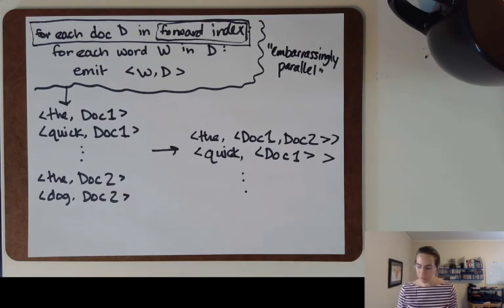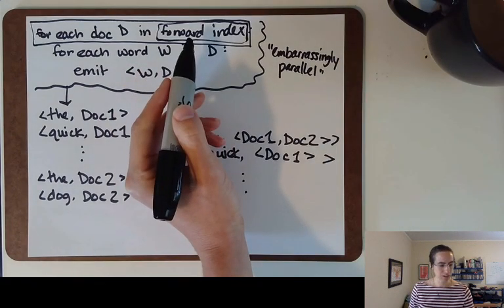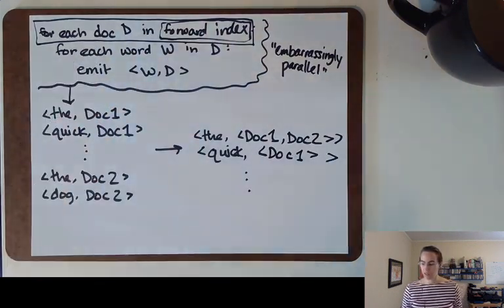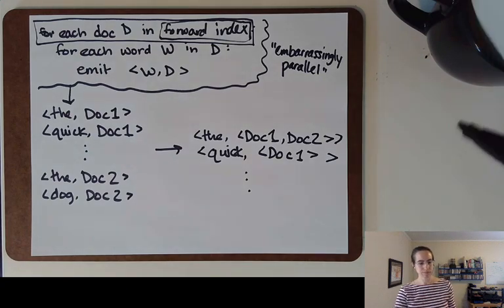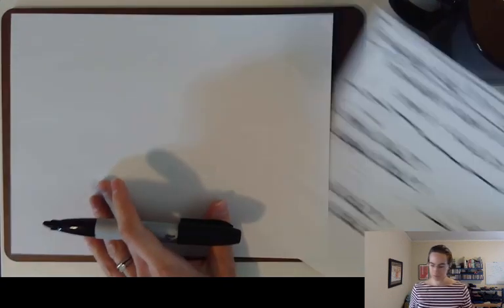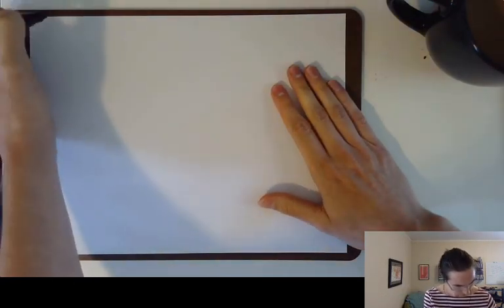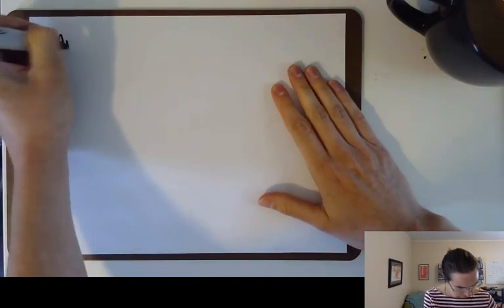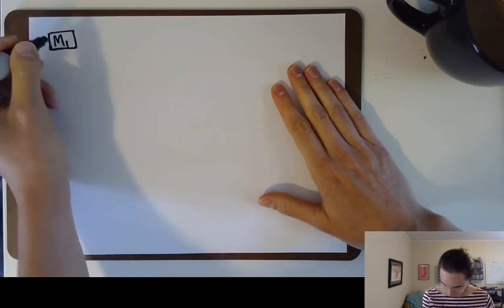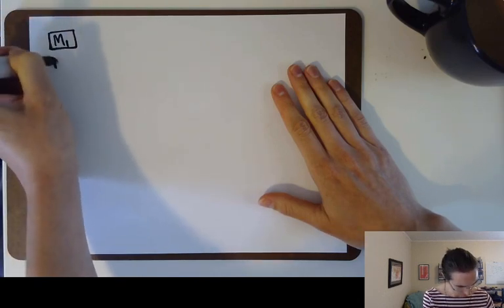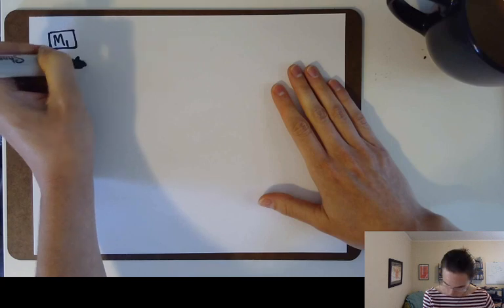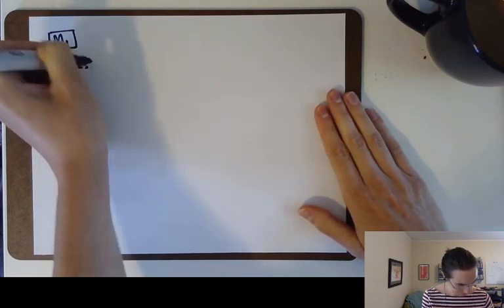Okay, so let's imagine that every row of the forward index, that is, every document, is on its own machine. So let's draw a picture of what that would look like.